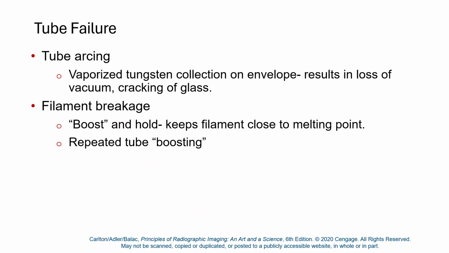If it gets to a certain thickness, it starts to develop principles of electrostatic induction in regards to the electron cloud that you're creating at the cathode. And so rather than the electrons heading to the anode, some of the electrons will short out on that thin coating of tungsten on the inside of the glass envelope, and that electric shock will deposit enough energy into the glass that it will crack, and then you'll lose your vacuum.